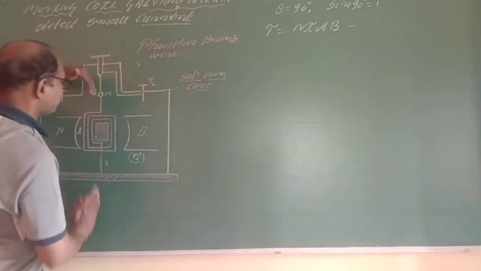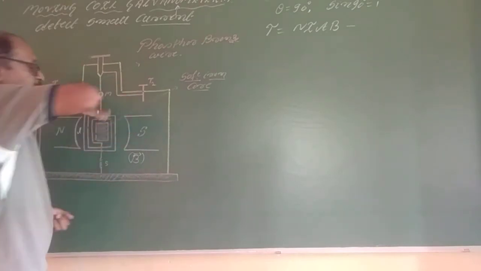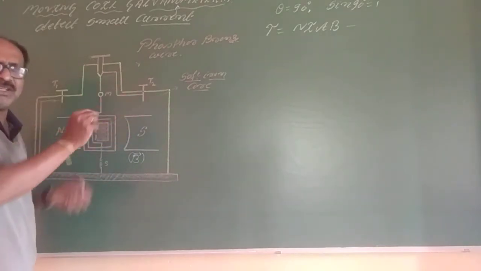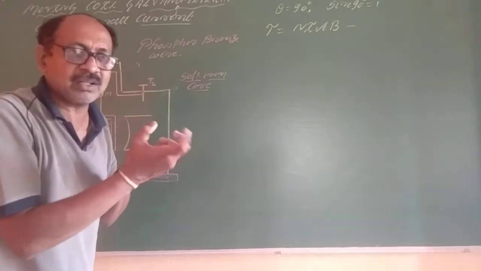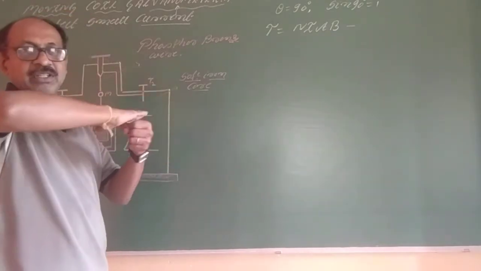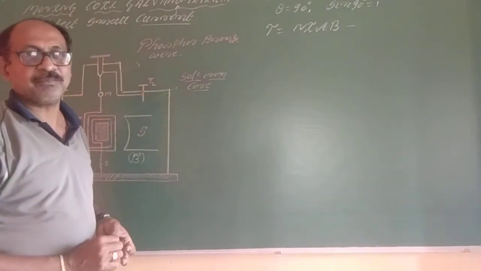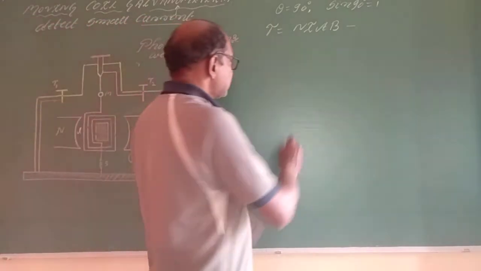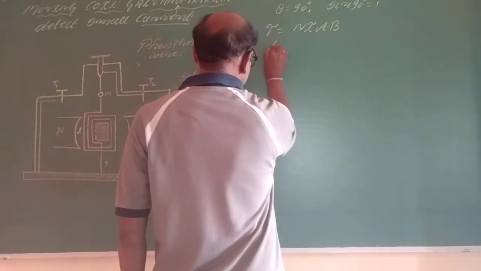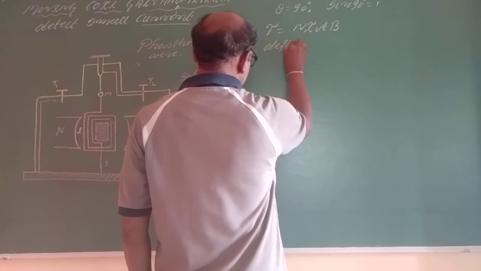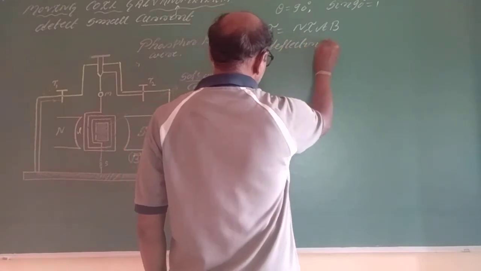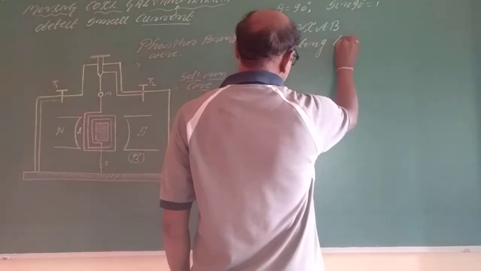Whenever the current passes through it, it will deflect. Even a very small current flowing through it causes a deflection. That is why this tau is called the deflecting torque.